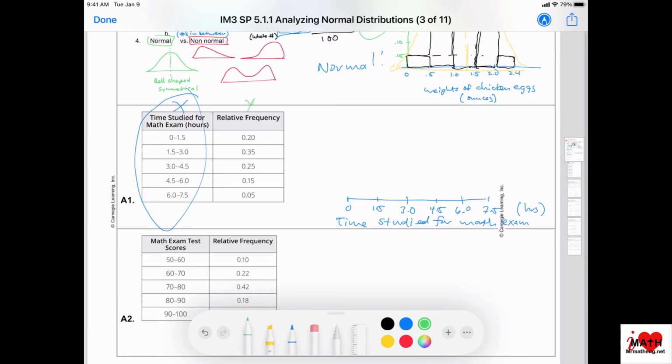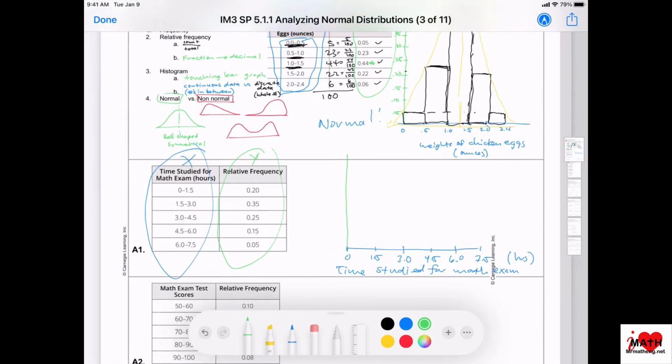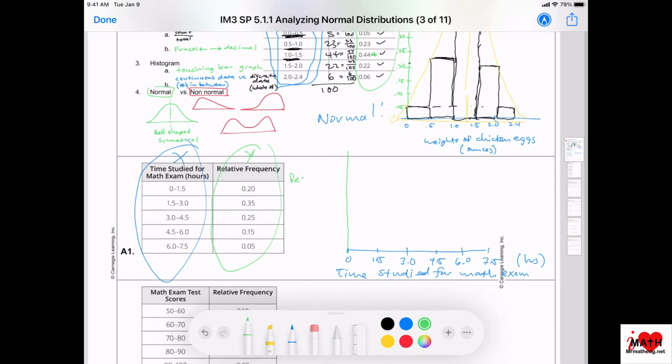And then the y-axis here in green, I guess in the last problem I should have written relative frequency over here. I'm just using the titles. And the largest number I see there is 0.35. So 5, 10, 15, 20, 25, 30.